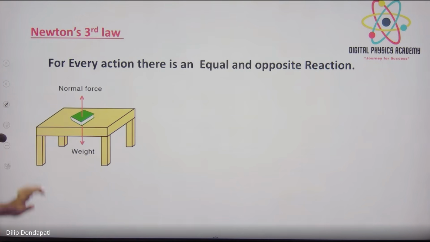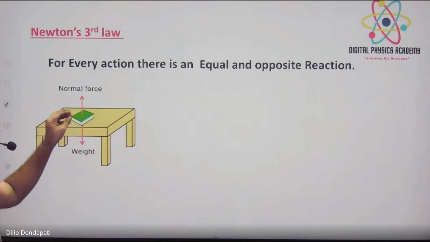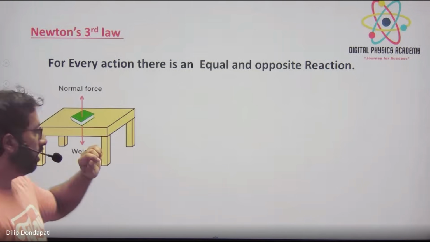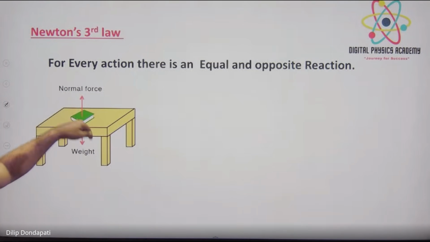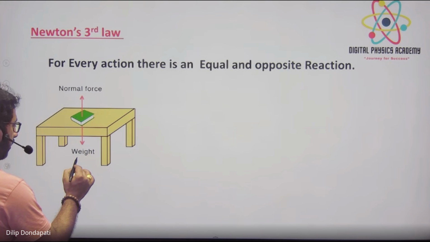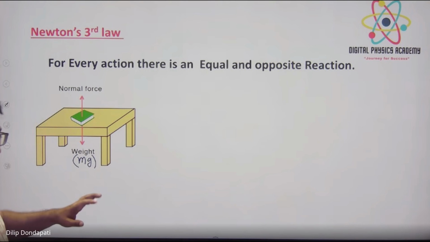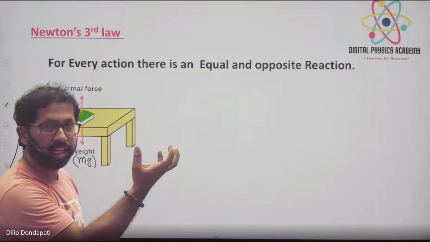Suppose a book is kept on a table. What are the forces acting on it? One is the gravitation force, weight. You know the formula for weight, right? What is the formula? mg. mg is always weight. The gravitation force is acting. If only the gravitation force is acting, what will happen to the book?